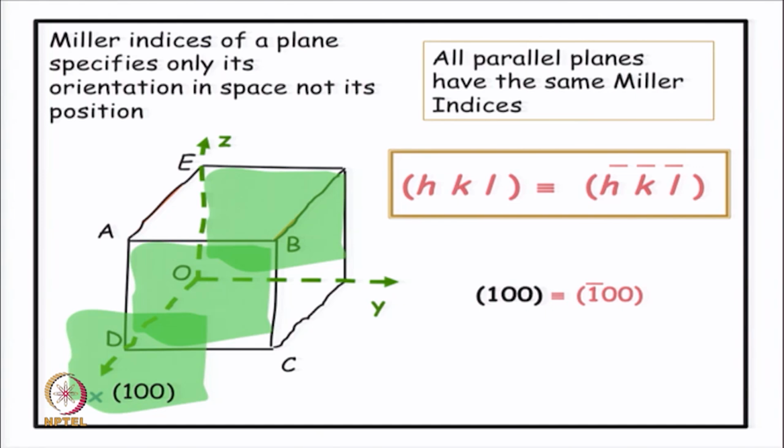We are not allowed to choose the origin on the plane. We can only choose the origin on one half or the other half. So, when we choose the origin in one half space, we will get one set of indices, and if we choose the origin on the other side, we will get the negative indices. So, for example, 1 0 0 and bar 1 0 0 actually represent the same plane. There are situations in which we may like to distinguish between these, but this is the usual convention.